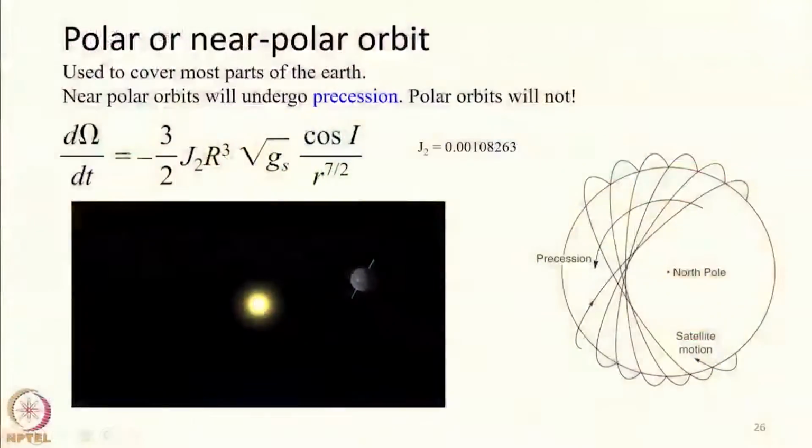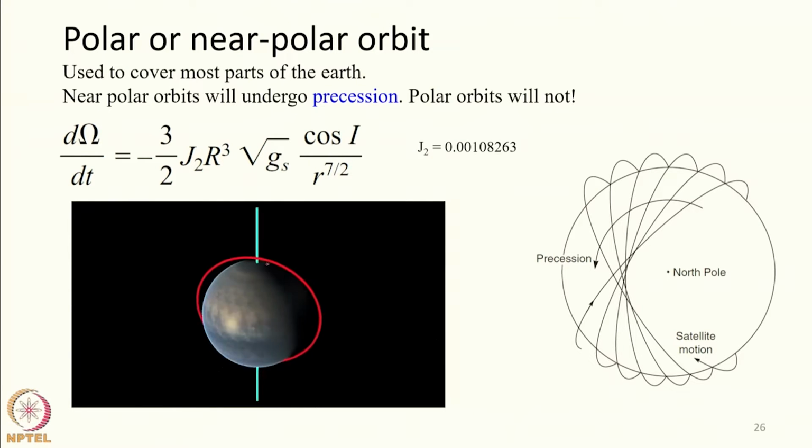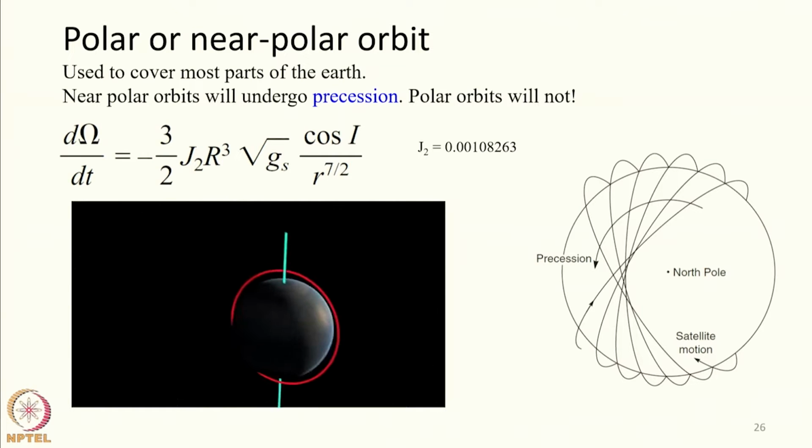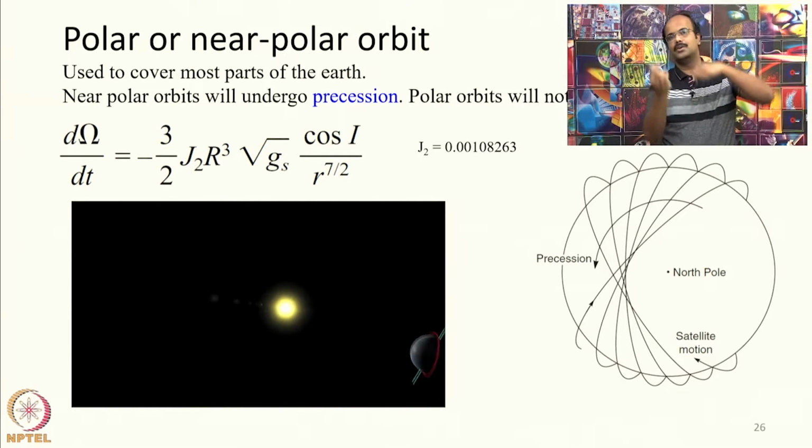Okay, so you can see from this particular video, this is a highly exaggerated animation, but it is just to tell you the effect of orbital precession. That is, as the Earth rotates around itself, the orbit also will keep on rotating. See, here you can observe the orbit itself rotating around itself. This is known as precession. The orbit also will rotate in space.